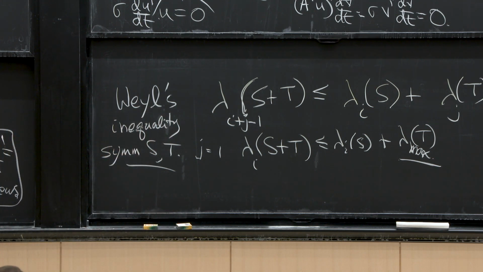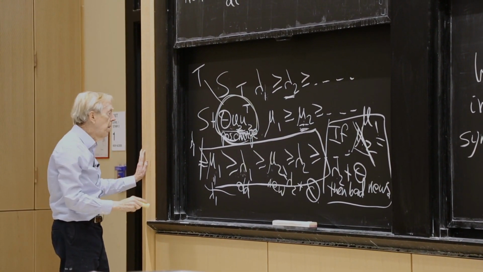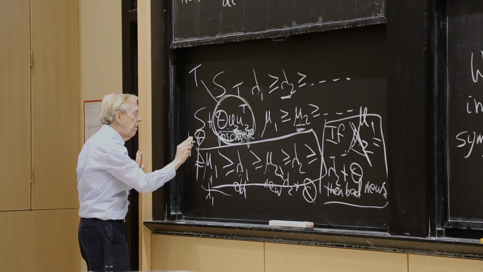So I guess Weil is giving us a less or equal here, less or equal to lambda 1. So I'm taking i to be 1 plus theta.